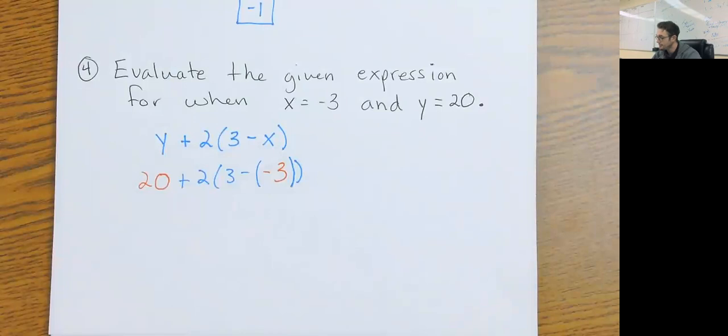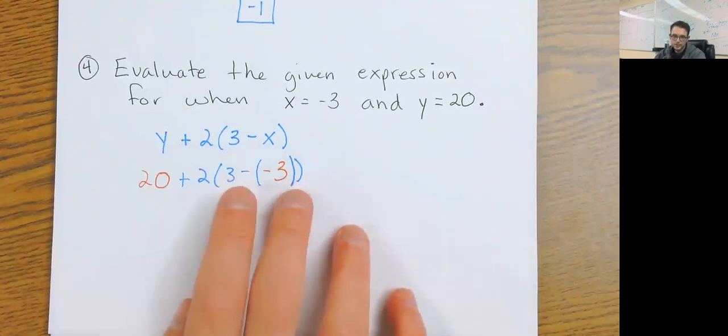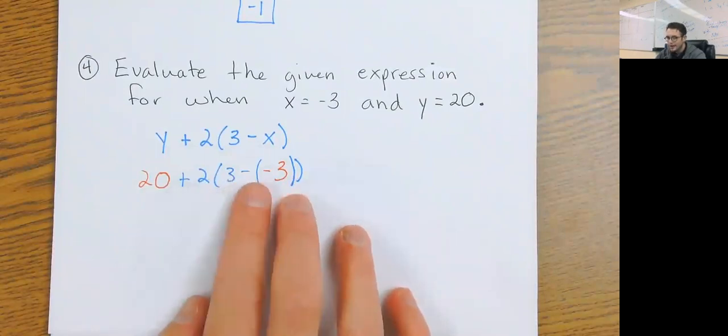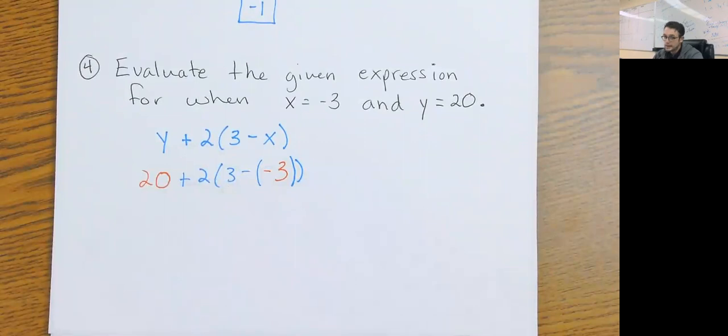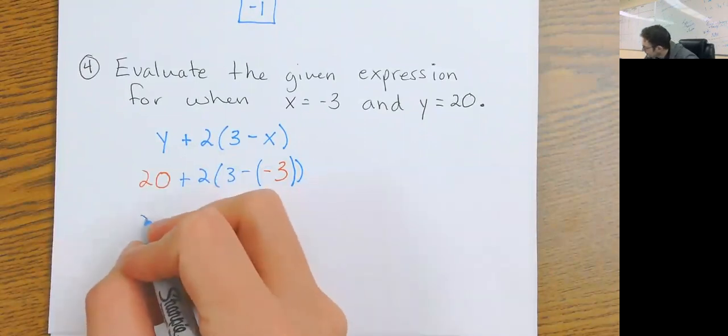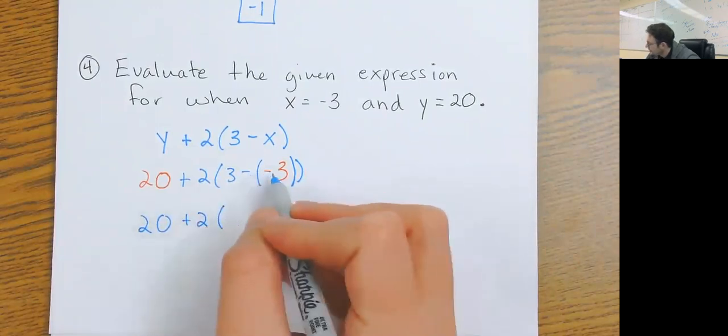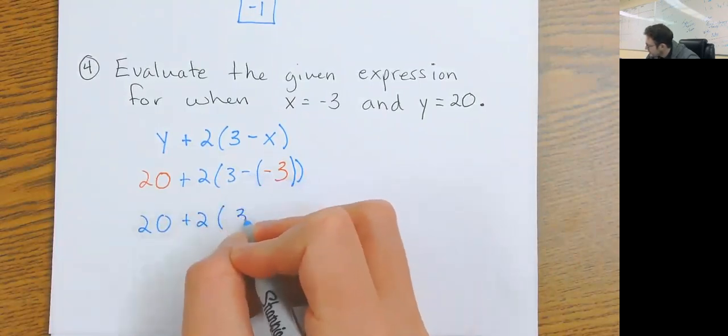All right, so let's simplify. If we're doing PEMDAS, we're going to do what's inside the parentheses first. And a negative makes a positive. So if I rewrite all this, 20 plus 2, and a negative makes a positive, so this is actually 3 plus 3.